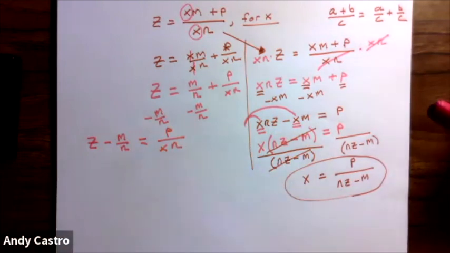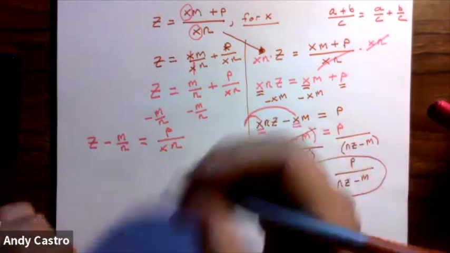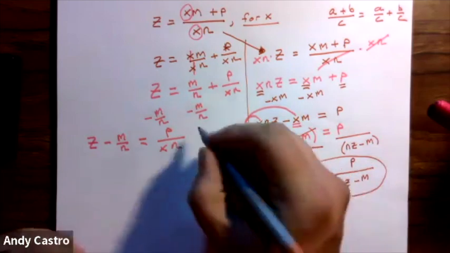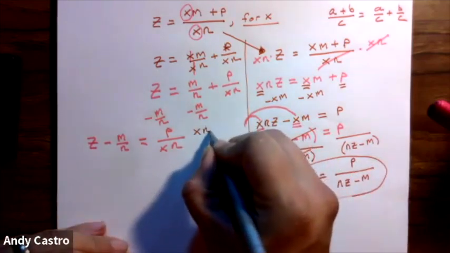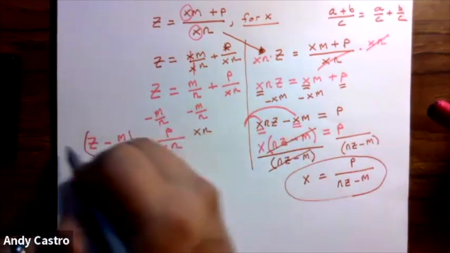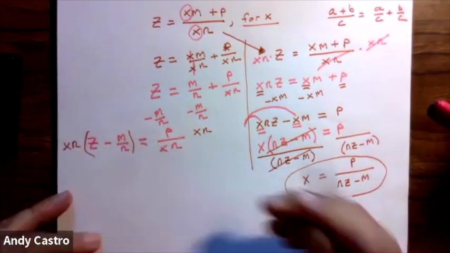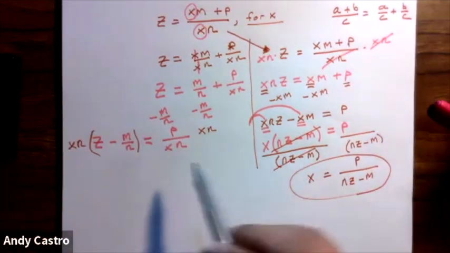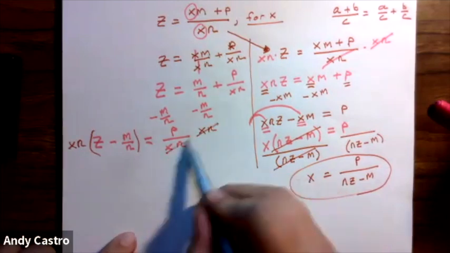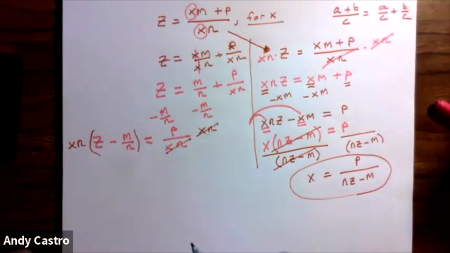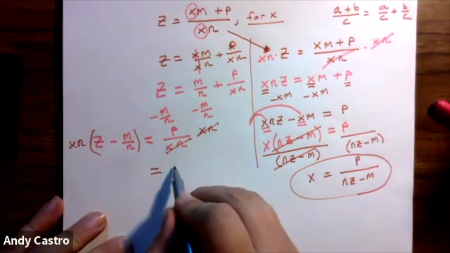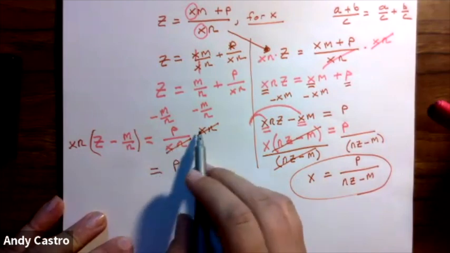All right. So now what I'm going to have to do is get x to the numerator. To do that, I'm going to multiply both sides of my equation by xn. When I multiply both sides by xn, I will effectively get that x out of the denominator. So I'm left with just a p on this side.